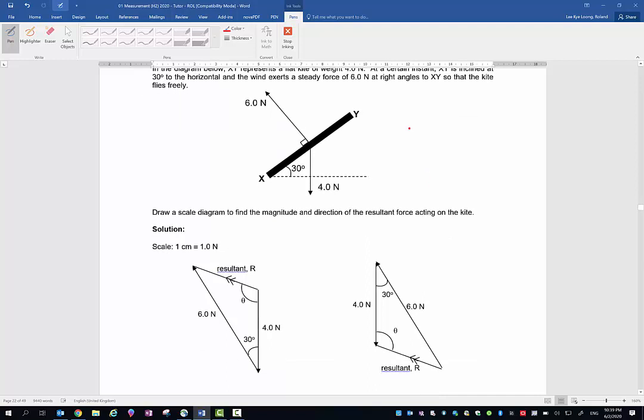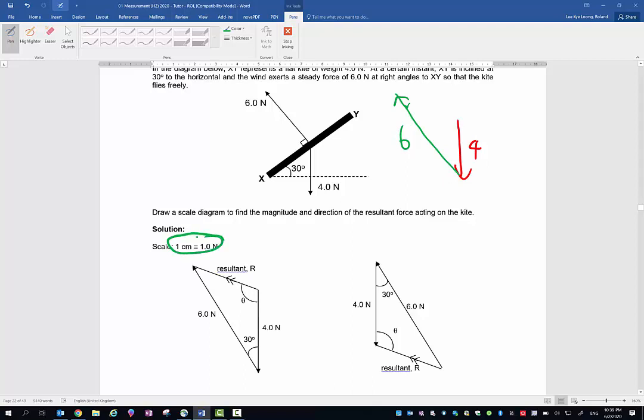So basically what they want is this 4 plus 6. Draw it accurately, which means you come up with a scale: 1 cm is 1 Newton.